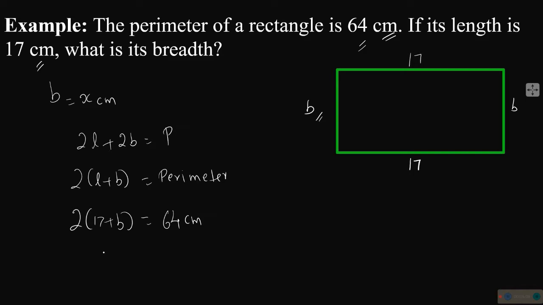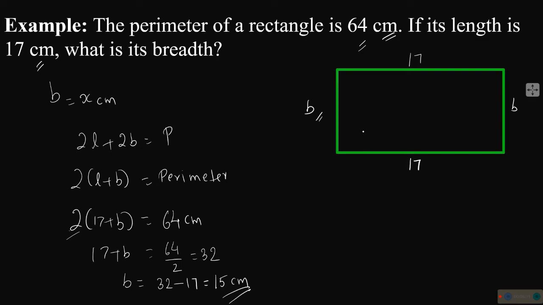Correct? That means 17 plus b, dividing both sides by 2. So this 2 will cancel and here it will be 64 upon 2, which is equal to 32. 17 plus b is equal to 32 means that b is equal to 32 minus 17, which is equal to 15 centimeter.